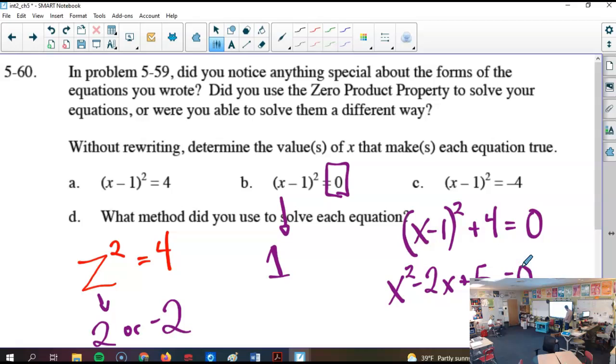And then x squared minus 2x equals -5. That's not possible.